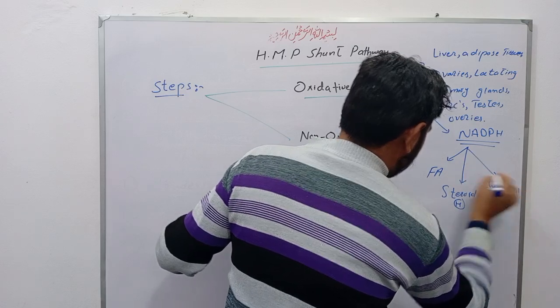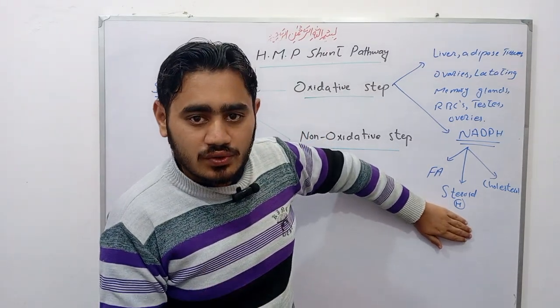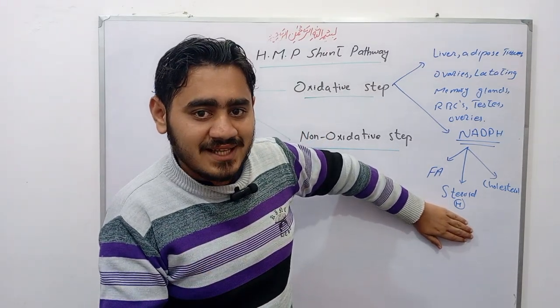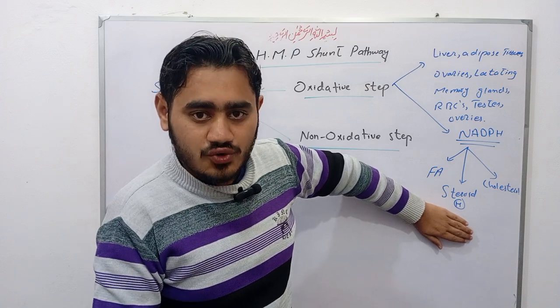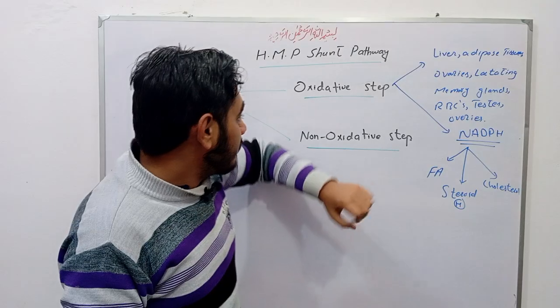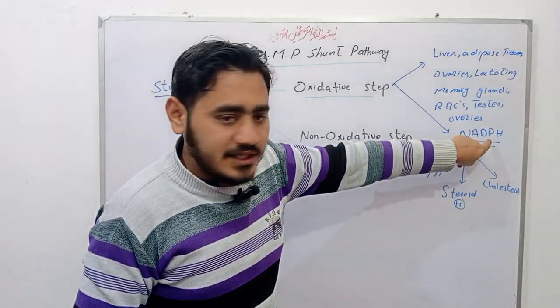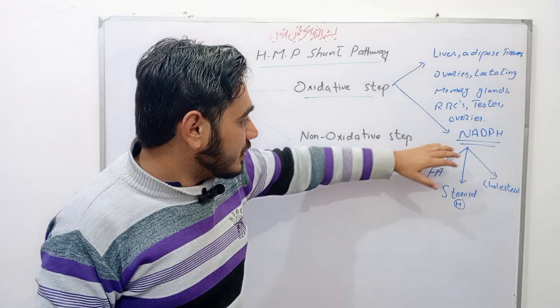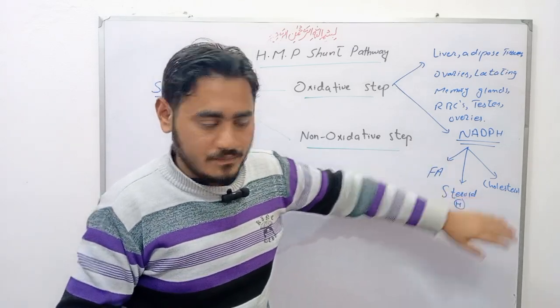The steroid hormones include cortisol, aldosterone, and sex steroids. Sex steroids include estrogen, progesterone, and testosterone. So this oxidative step is very important in the synthesis of NADPH, which is very important in the synthesis of fatty acid, steroid hormone, and cholesterol.